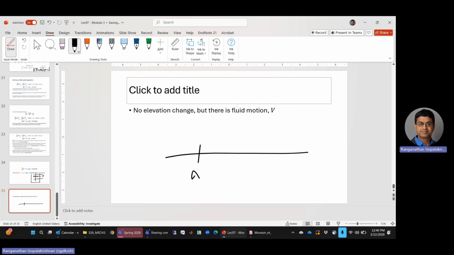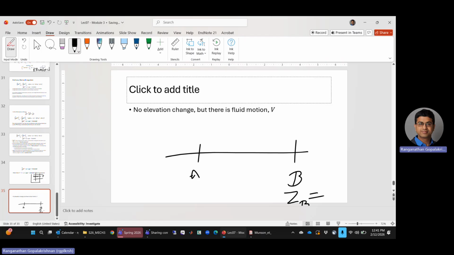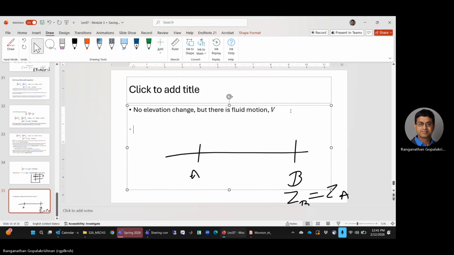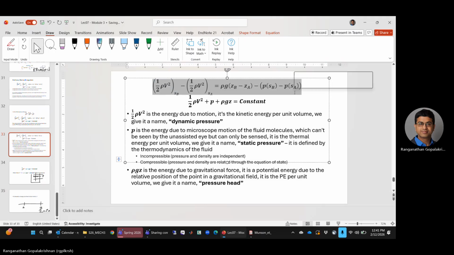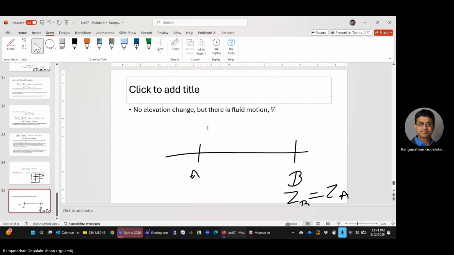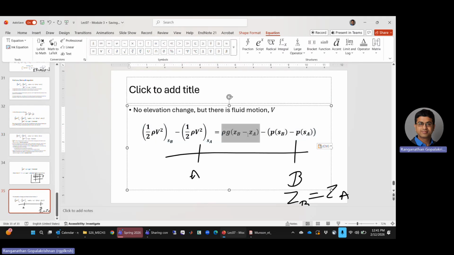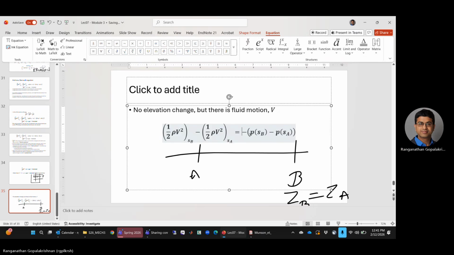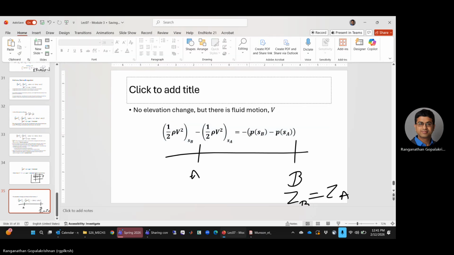Let's say I consider 2 points A and B. ZB is equal to ZA, which tells me I can take this equation and just drop this term and have the remainder. Right? I can do that, right?